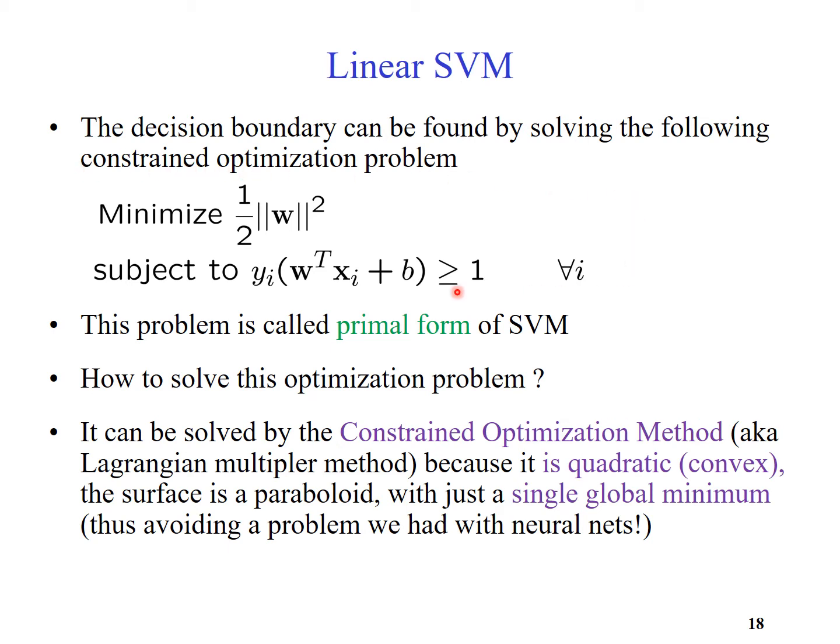You don't have to worry about local optima, which happens in neural nets or deep learning. So in SVM, the solution you have is guaranteed to be the global optimal answer. You don't have any better answer. The answer you got is the best one. That's the big advantage of using the constraint optimization method.